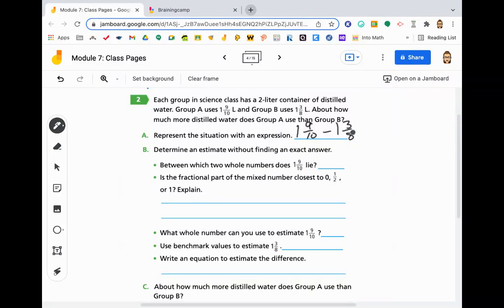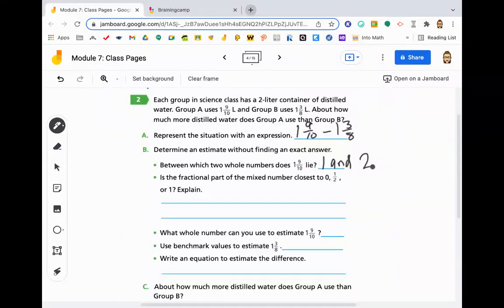So between which two whole numbers does 1 9/10 lie? Well, it would be between 1 and 2. So is the fractional part of the mixed number closest to 0, 1/2, or 1?